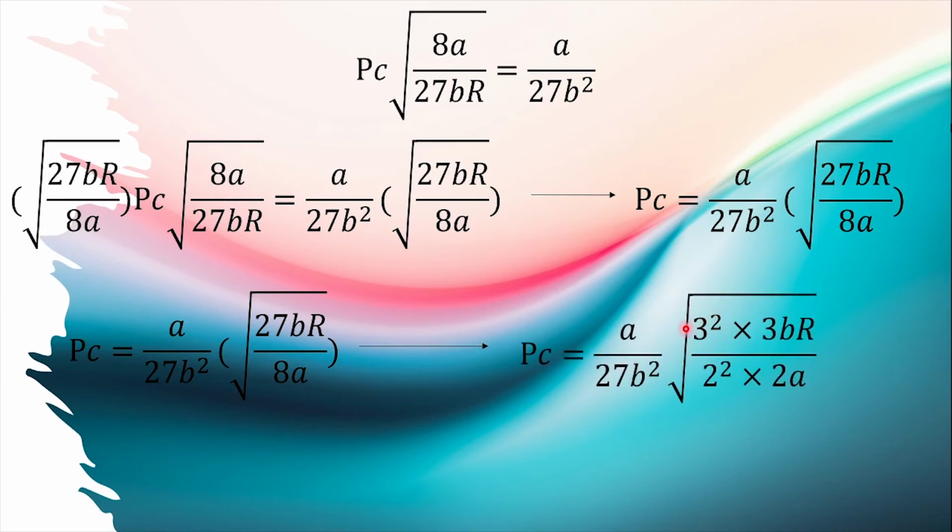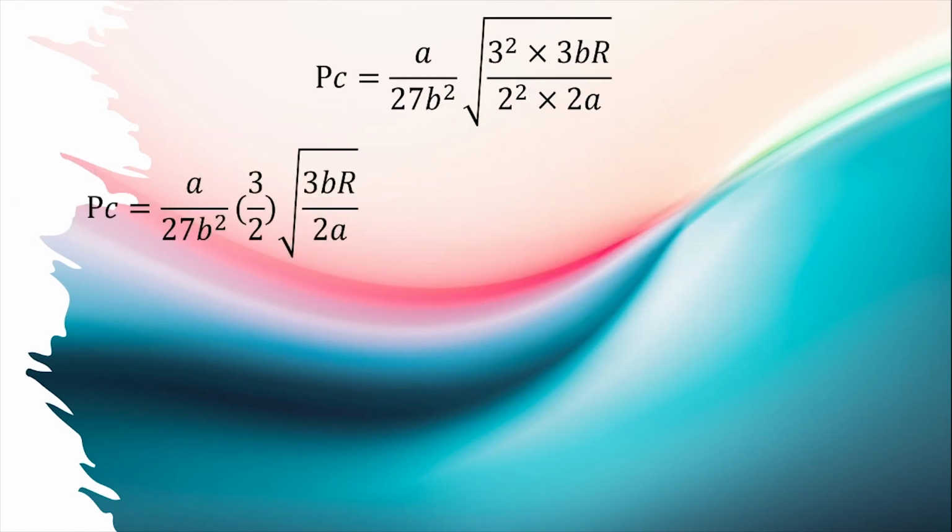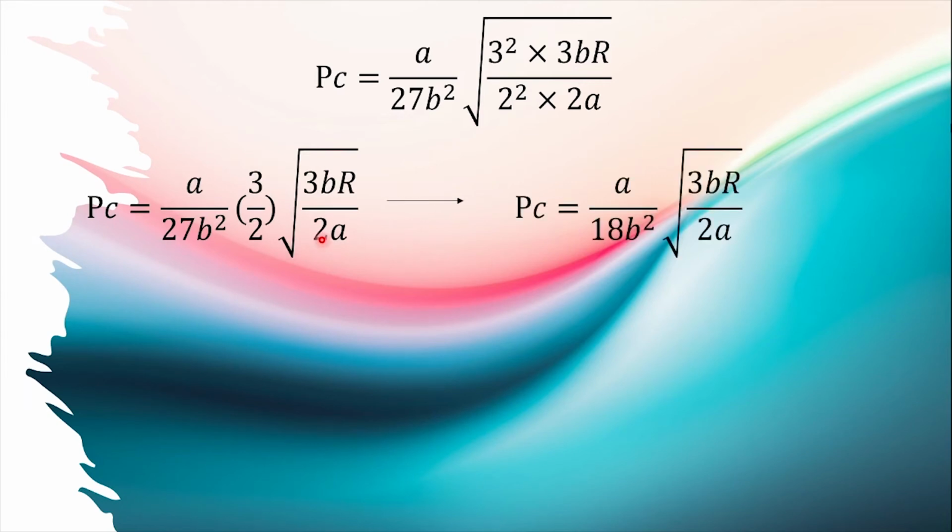And then we remove this to become a coefficient, and we remove them from under the radical. Then we will simplify it because 3 divided by 27 is 9 times 2 becomes 18. So here we have this expression.